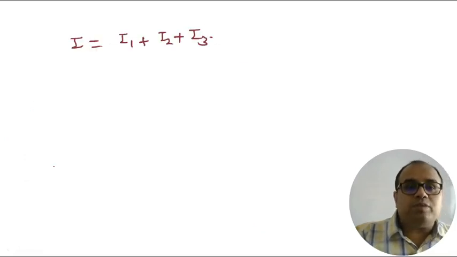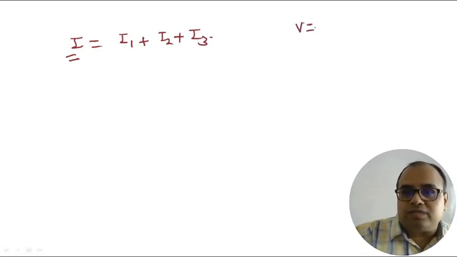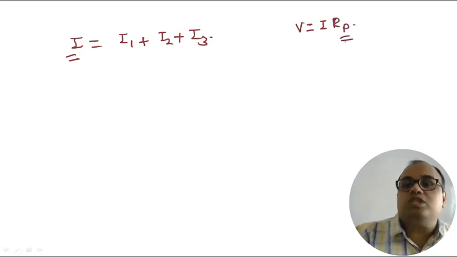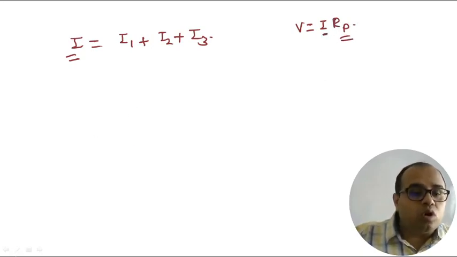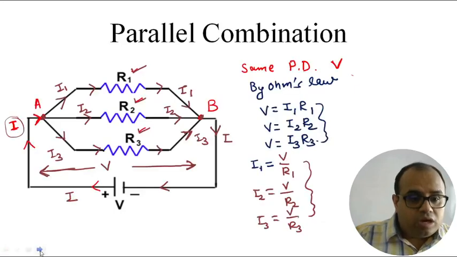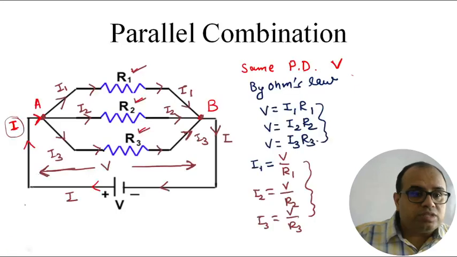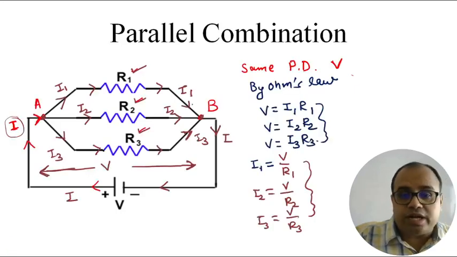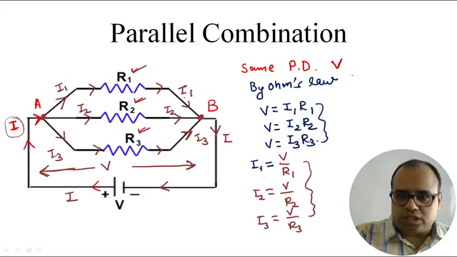Therefore we can write V is equal to I Rp, where Rp is the parallel combination of resistors, I is the total current coming out of the battery or cell, and V is the potential difference created across these 2 points A and B.